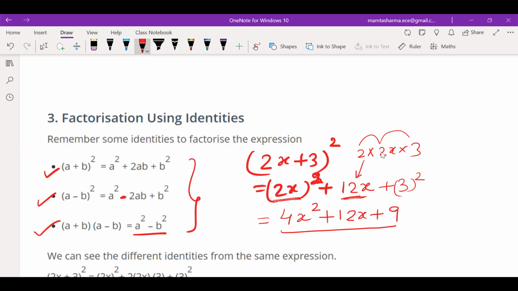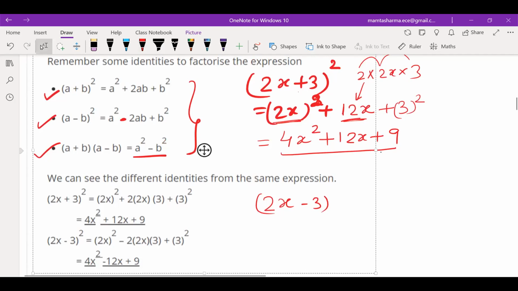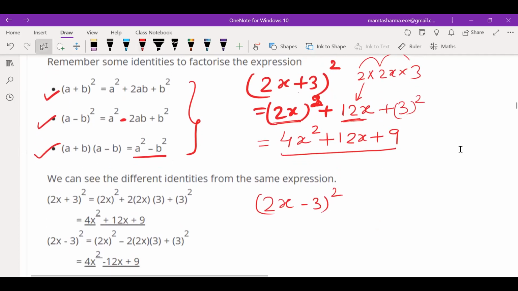If I say, find out or express 2x minus 3 whole square. Ma'am, can I say? Yes, tell me.